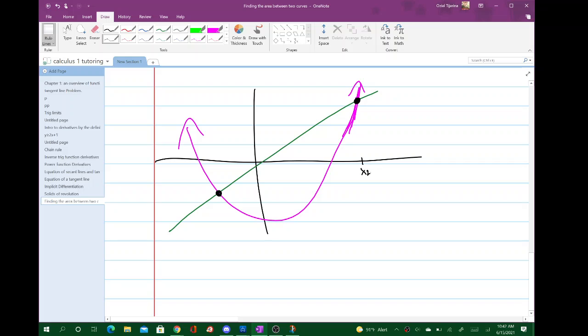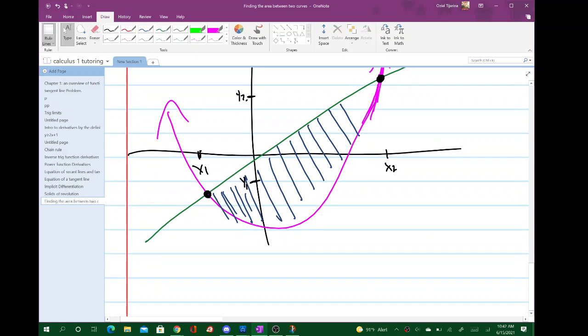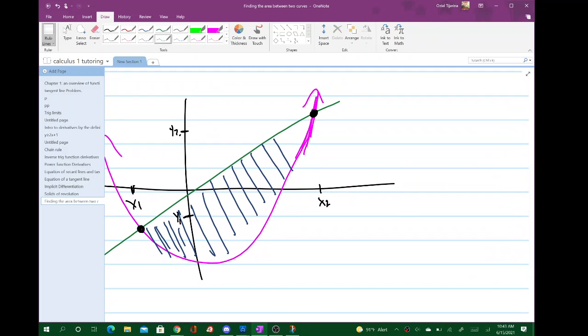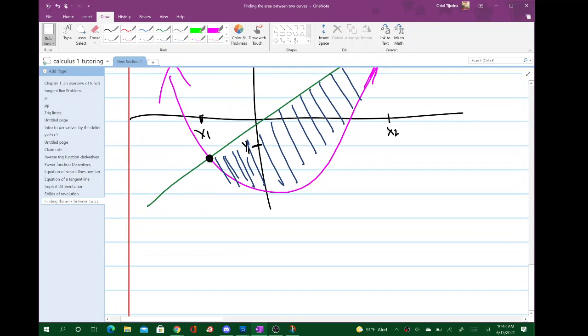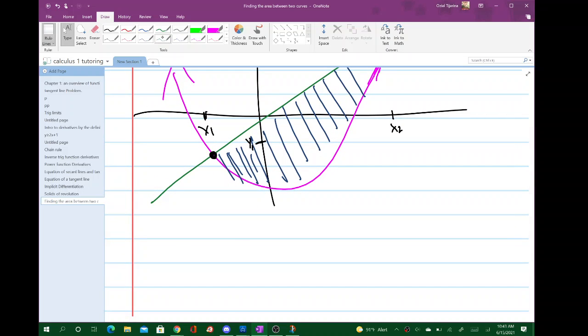So we can call this x2, we can call this one x1, and then this is y1, and then this one is y2, right? And we want to find the area between those two curves, so this part. Let's call this f of x, and let's call this one g of x.